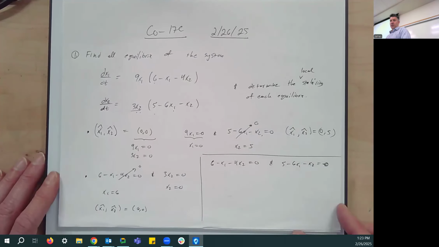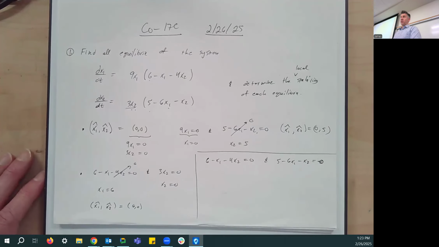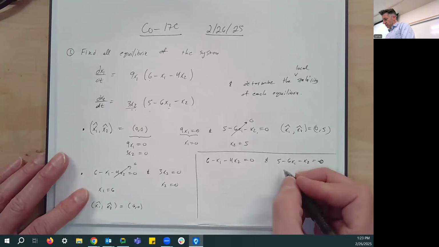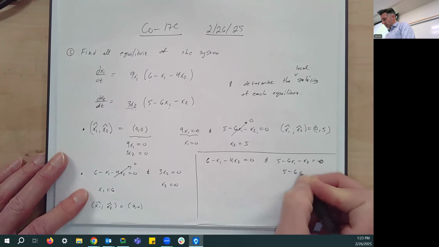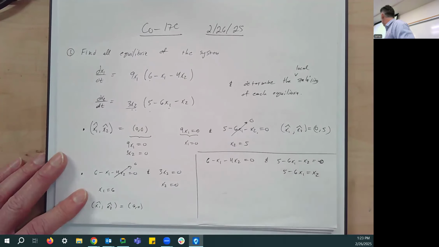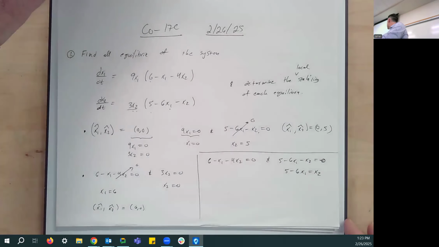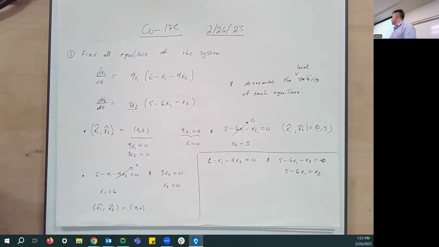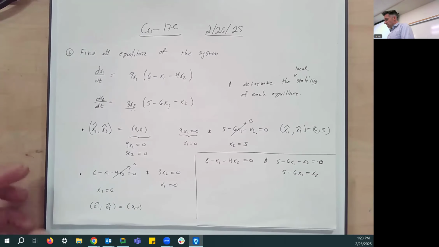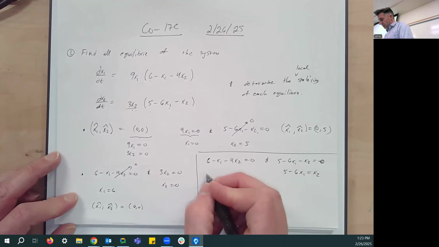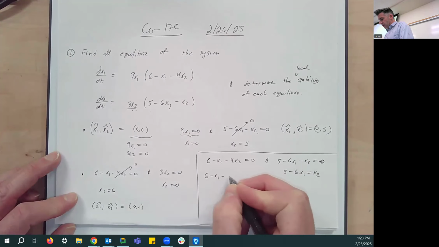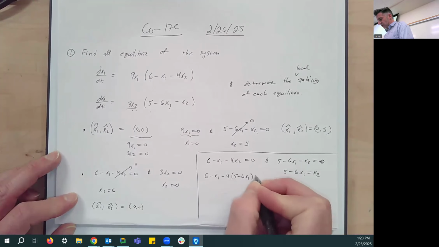And then we're going to isolate one of the variables and plug it into the other one to find our solution. So I'm going to isolate x2 here. I'm going to say that 5 minus 6x1 is equal to x2. And then plug that in over here. So we get 6 minus x1 minus 4 times 5 minus 6 times x1 equal to 0.